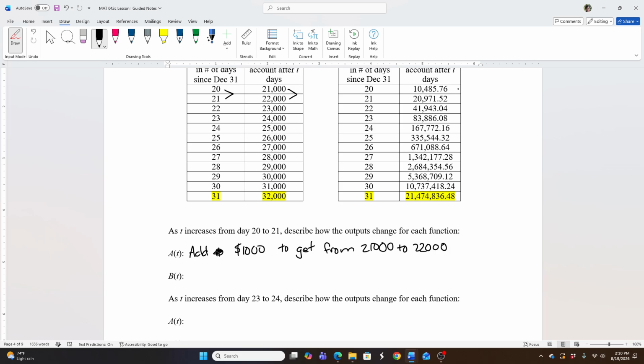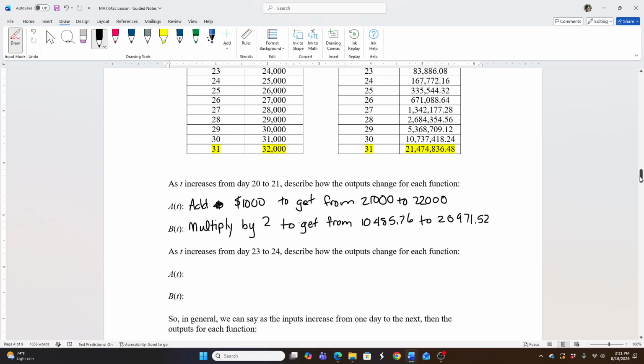On option B, from 20 to 21, we multiply by 2. So we multiply by 2 to get from $10,485.76 to $20,971.52. Let's look at the next part.